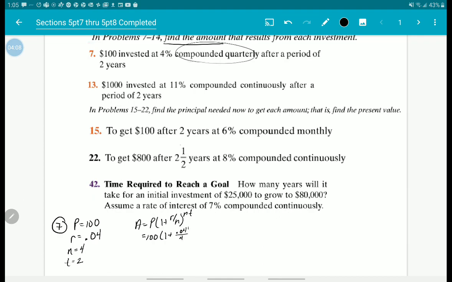N is 4. Time is 2. Before you type this in the calculator, you're going to want to simplify that exponent. So that's going to be to the 8th. Make sure you put parentheses where I have them here, and just be careful how you type it in.